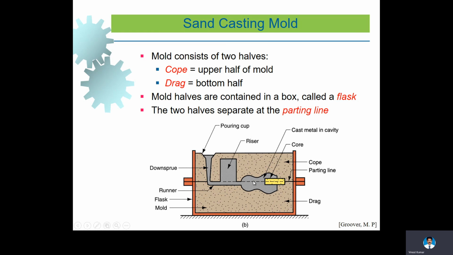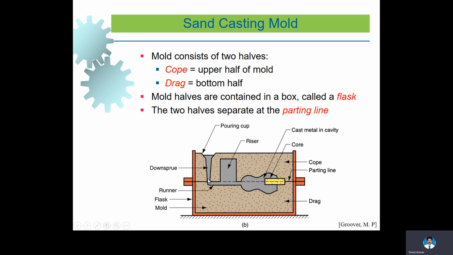As I said, we use a pattern surrounded by sand, and when we remove the pattern we get the cavity of the final finished product, and we have the pouring cup and then a downsprue. It is a channel, and the area of cross section reduces as molten metal is poured into the downsprue.